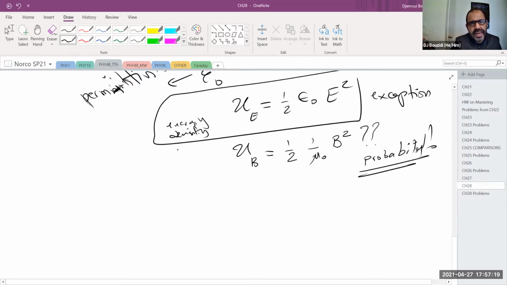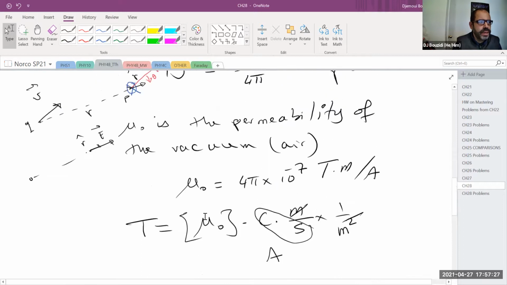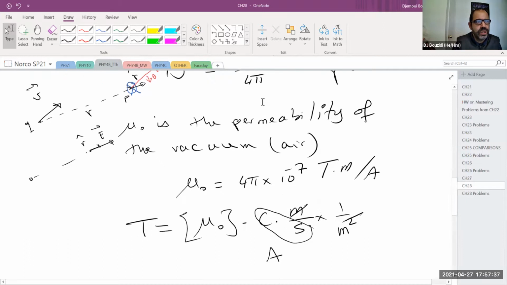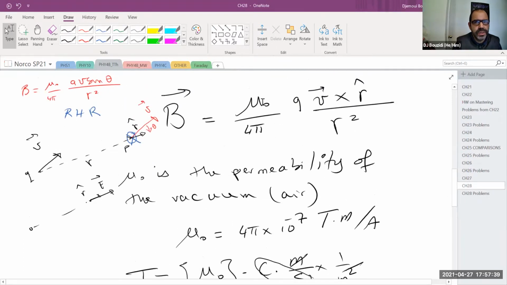So what I'm saying in here, keep a watch on mu naught. Mu naught from the get-go, it came in the numerator. It did not come in the denominator. So is this going to be the same thing everywhere where we're dealing with this expression that's in the numerator?